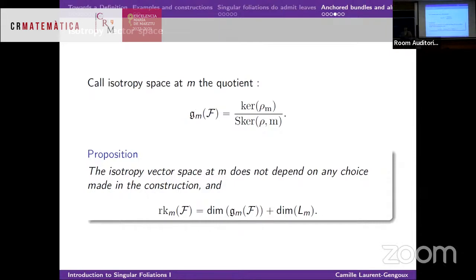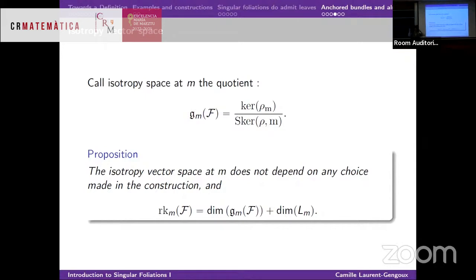My definition of equivalence of anchored bundles seems kind of sloppy, very, very weak. But at least, if two anchored bundles are equivalent, this quotient is the same. That's easy to prove.